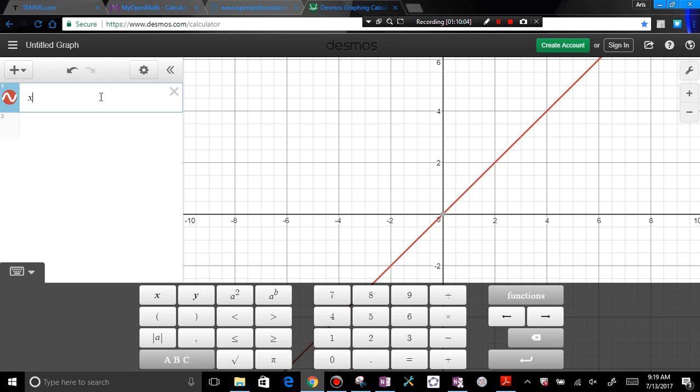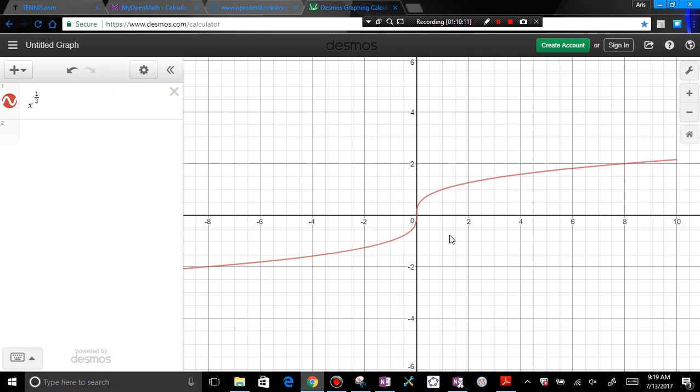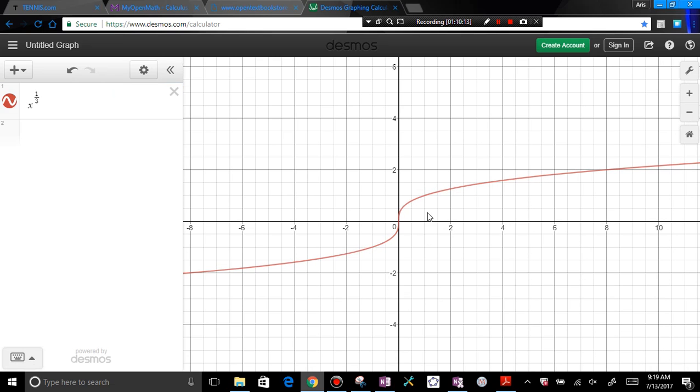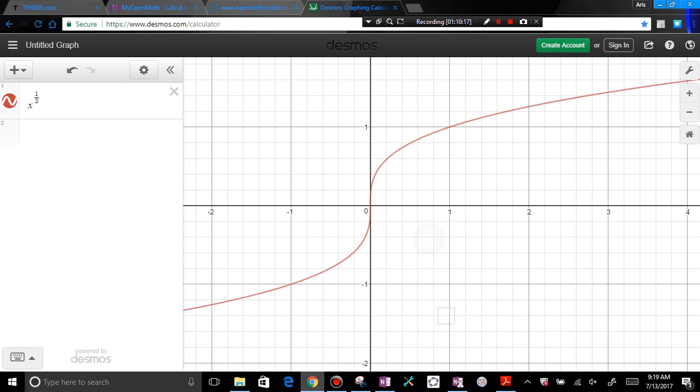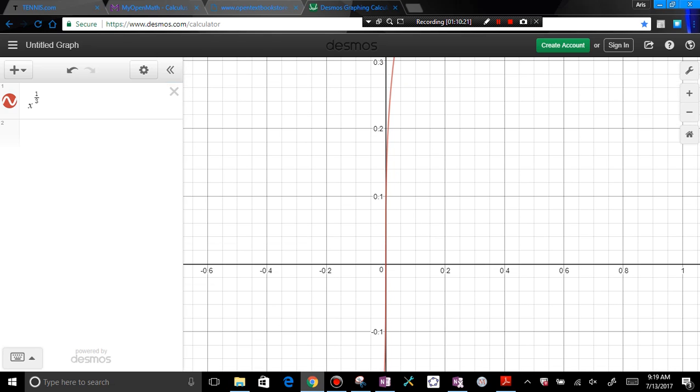X to the 1/3. That thing there. Now the great skeptic comes in and she's about to kick my butt for sure. It locally looks like a line, doesn't it? It's just vertical. Right? It's just vertical. So derivative here is undefined.